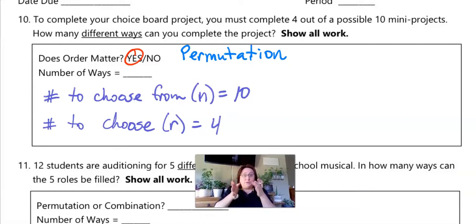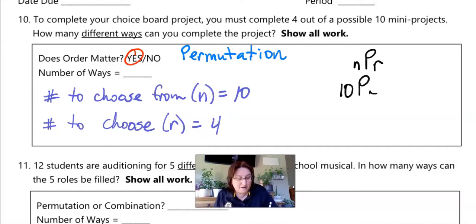And because it's a permutation, now we can do the calculations. Hey guys, this is how you're going to show your work. Do you guys remember the formula said nPr for permutations? So we're going to write down 10P4.